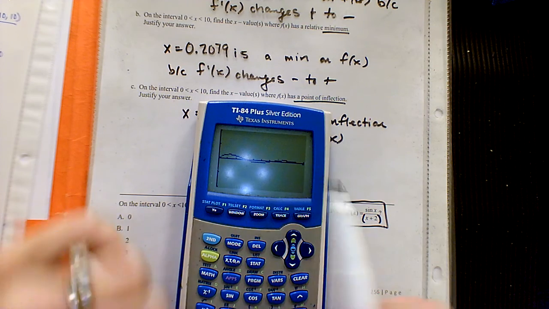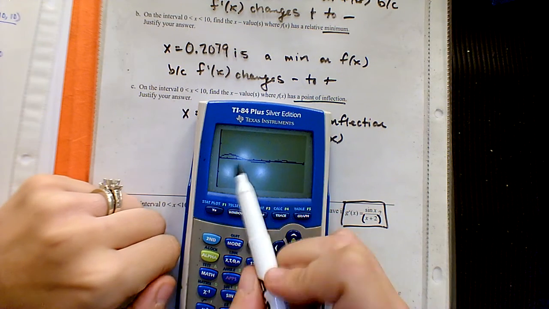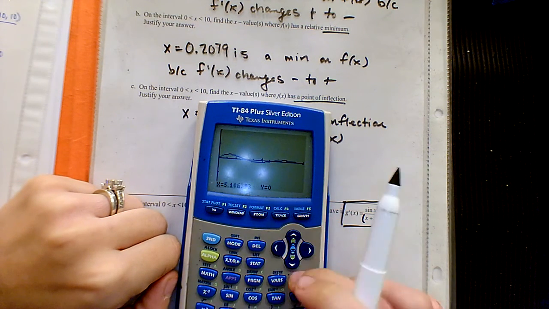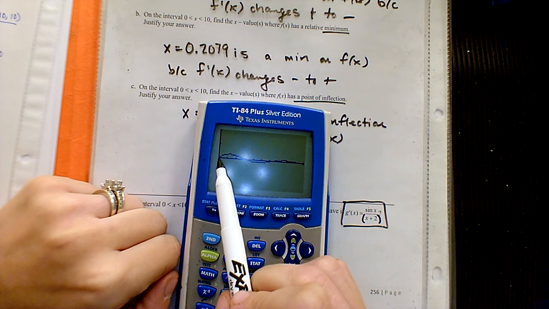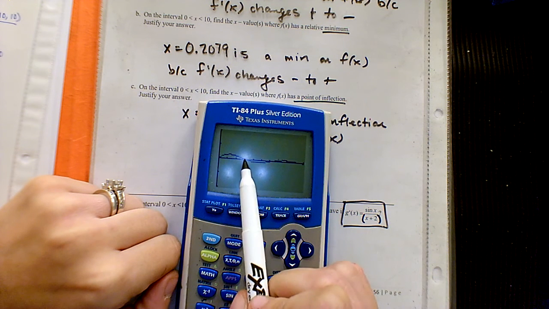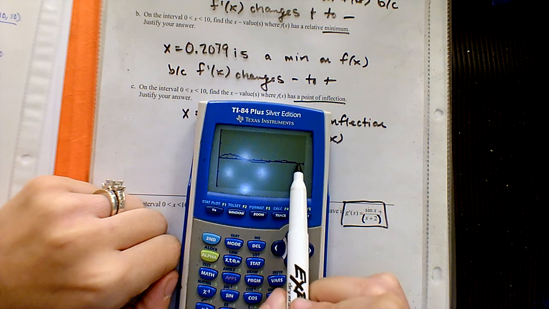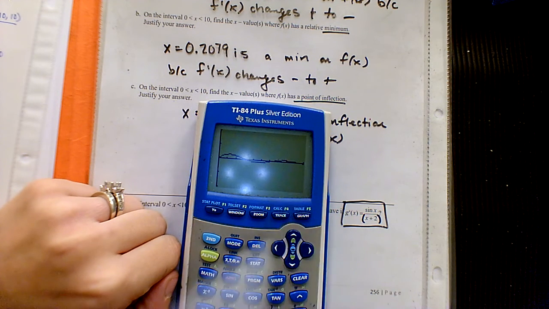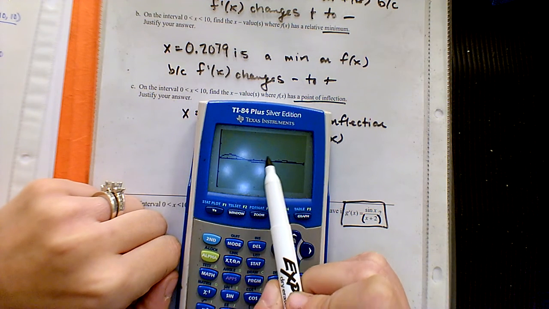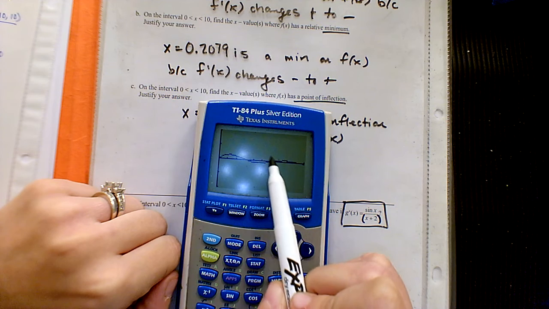Negative to positive x-intercepts. Okay, so let's see. We have an x-intercept. Looks like at the origin a little bit. There's another one there, and kind of another one here. I saw it dip down a little bit at the end. But negative to positive seems to only fit this description on the graph.